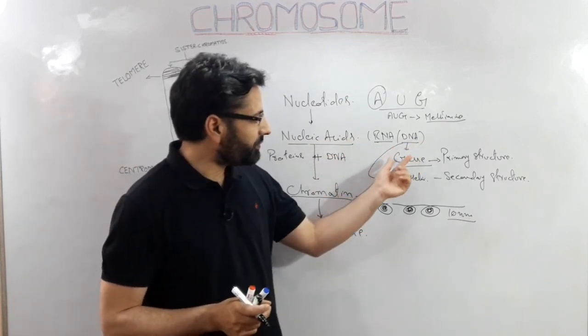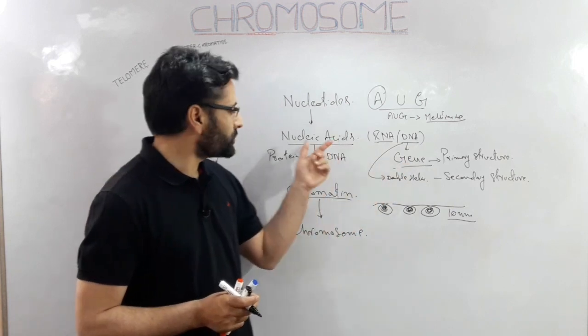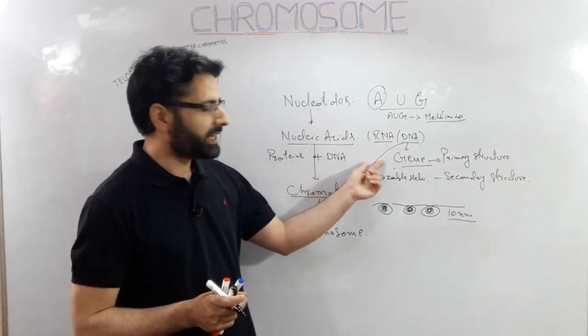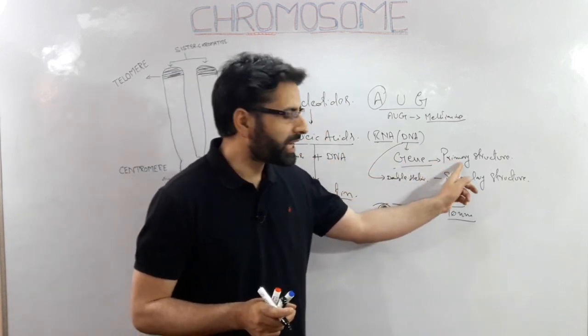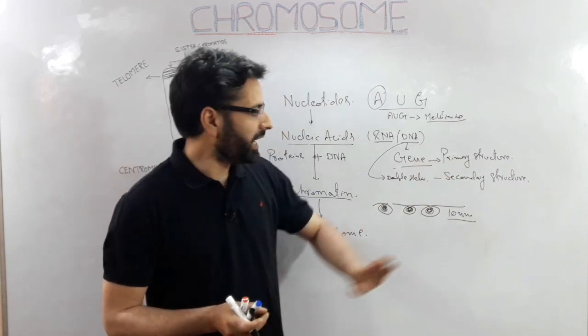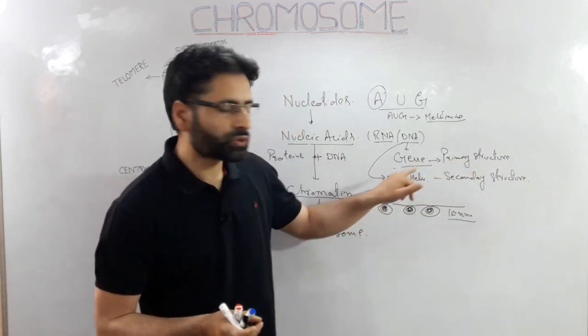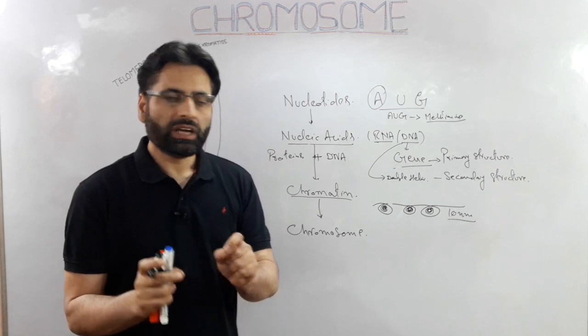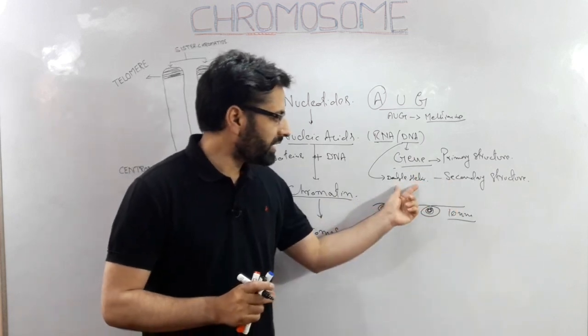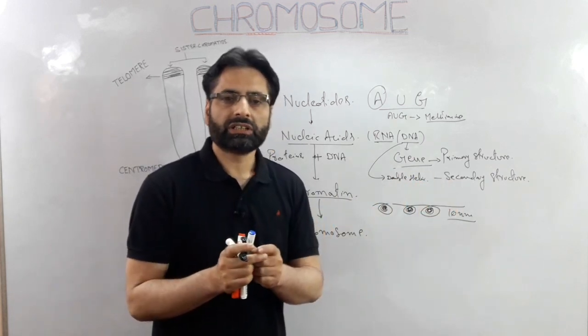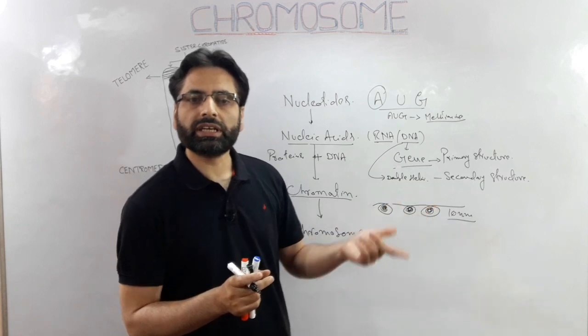This DNA, when we consider the sequence of these nucleotides, then it defines the primary structure of the DNA. And this primary structure refers to the definition of the gene. And at the secondary level, we are having this double helical structure of the DNA.